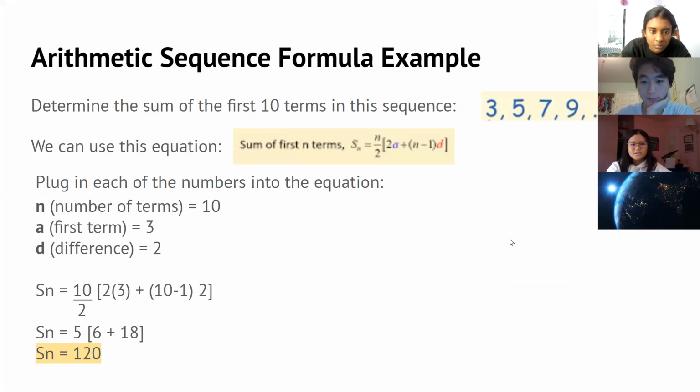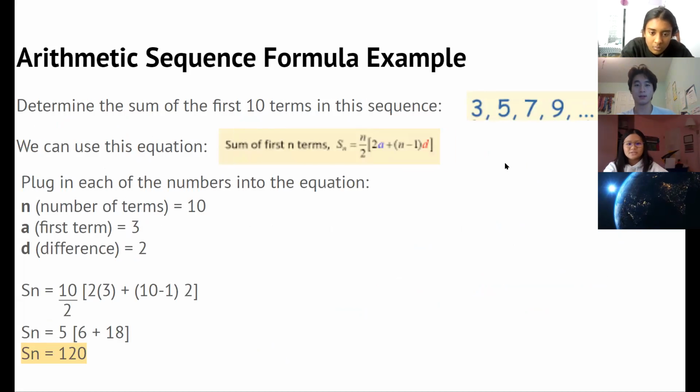So let's determine the sum of the first 10 terms in the sequence we had earlier: 3, 5, 7, 9, and so on. For this one, we want to use the first equation, Sn equals n over 2 times (2a plus (n minus 1)d). Let's find what each of the variables is.